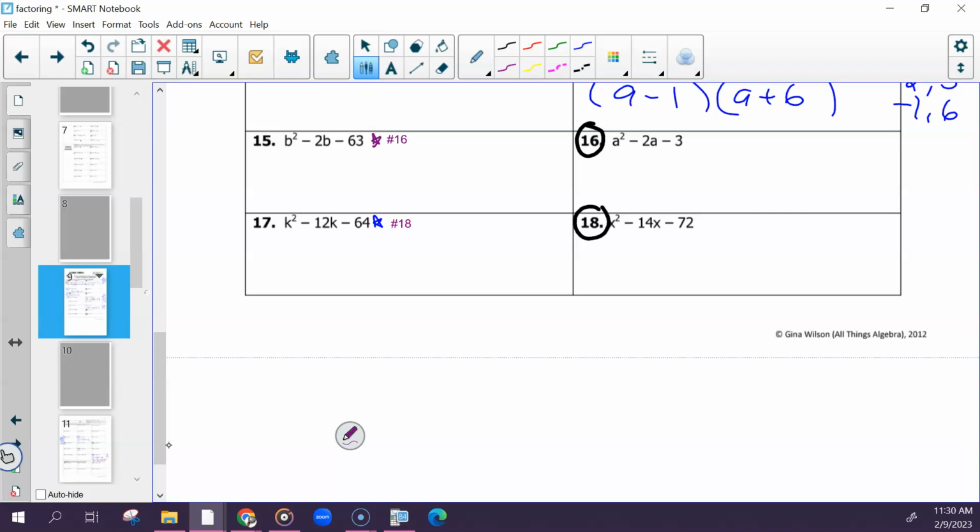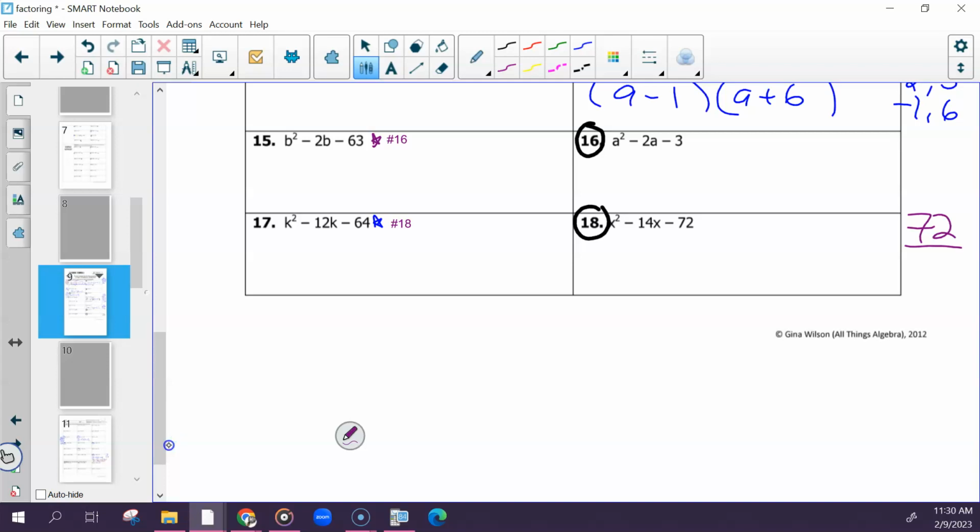18. Okay. So for 18, let's find factors of 72. And actually, I'm not going to write the factors this time because I want you to get in the habit of finding the factors. So you find the factors of 72. 9 and 8? Sure, I'm not writing them down.